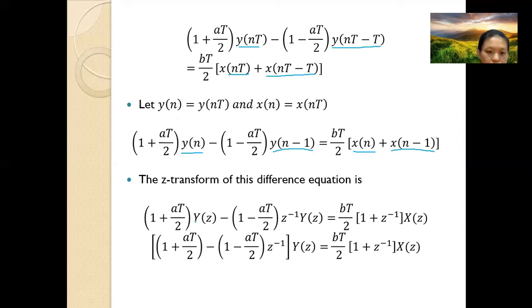So y[n] becomes Y(z), y[n minus 1] becomes z to the minus 1 times Y(z). For this one, we will have 1 plus z to the minus 1 times X(z). After that, we factor out this Y(z) and this Y(z). So we get the bracket 1 plus aT divided by 2 minus 1 minus aT divided by 2 times z to the minus 1. We bring forward Y(z) divided by X(z), and then bT divided by 2 will be divided by this one.